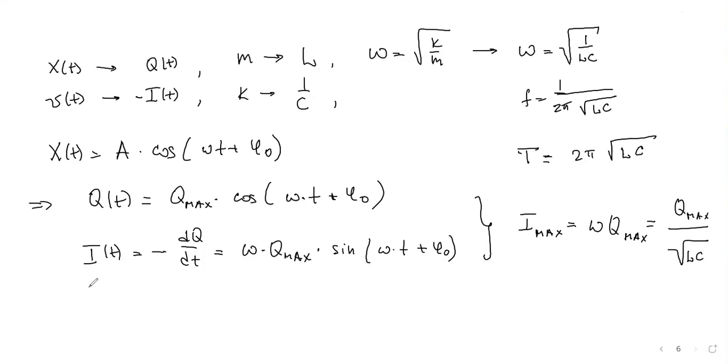In terms of graphs, there are going to be oscillating functions with some period and some frequency of oscillations. So let's put phase shift phi naught to 0 just for simplicity. Then my charge would be a cos function, so it's a q. And my current would be the sine function. The only thing is the negative sign, which is kind of non-trivial.